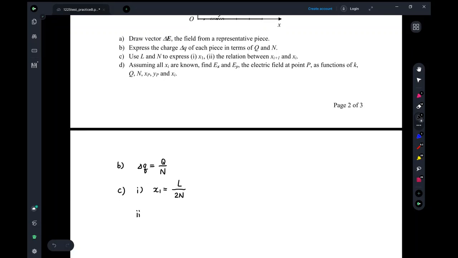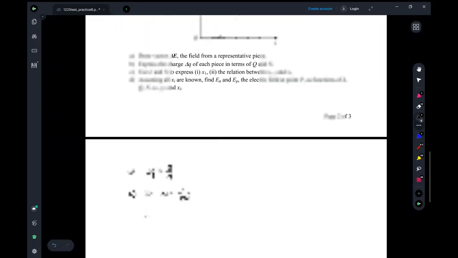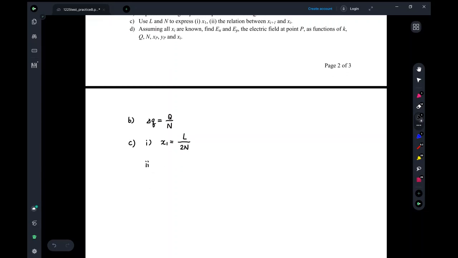And second, xi plus 1 is xi plus delta x, which is xi plus L divided by N.